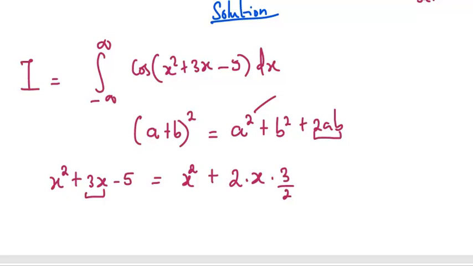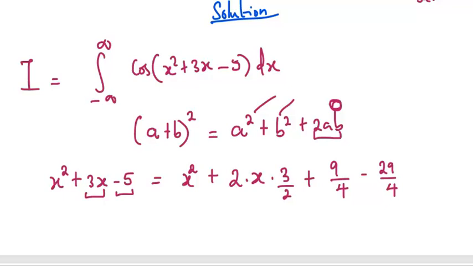Okay, now from here, b is squared, and that b is what we have right over here. So we're going to square 3 all over 2, which gives us 9 all over 4. Then remember we need to obtain a negative 5, which tells us to subtract 29 all over 4.